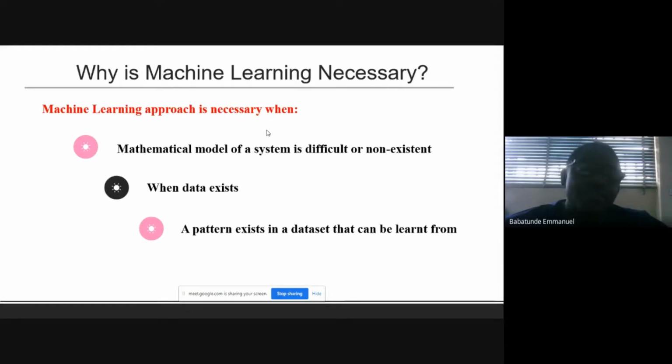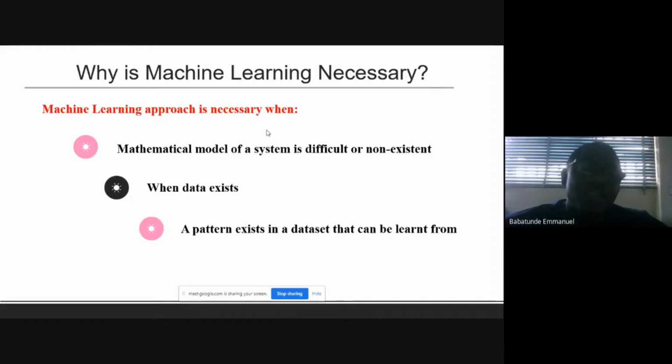Then when you have a problem and it is difficult to model that problem mathematically, then machine learning is the choice of technique to use to solve the problem. So when you don't have data and a pattern does not exist in your data set, you cannot use machine learning.